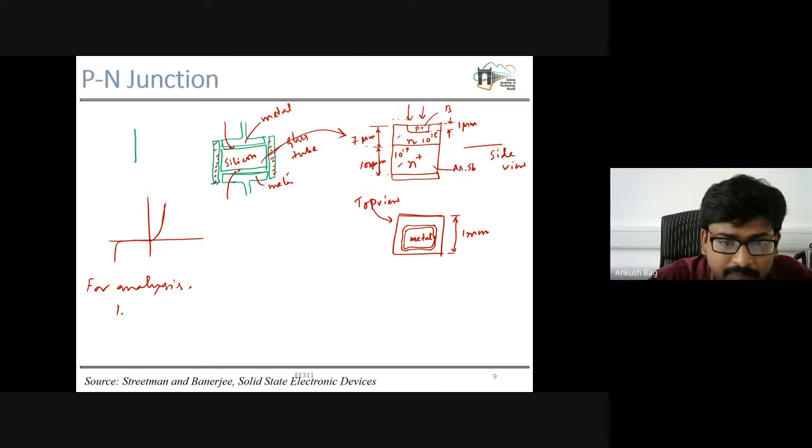Here we will have one resistive component, and that resistive component we will not consider. So that resistance from the metal-semiconductor junction will be neglected.